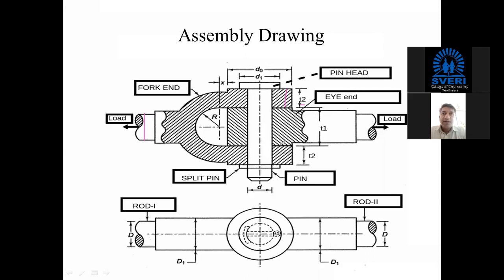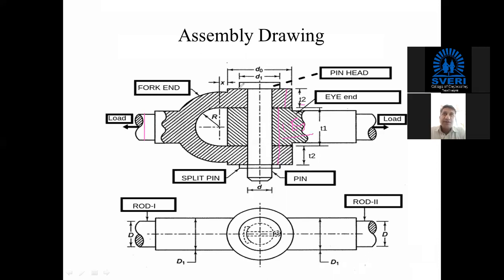Here also that same T2, and here this T1 is used. T1 is 1.25 times and T2 is 0.75 times. What I want to tell you is that T1 is greater than the diameter, whereas T2 is less than the diameter. Why?